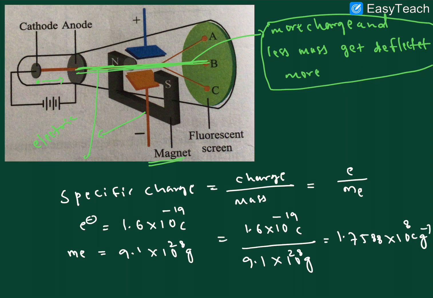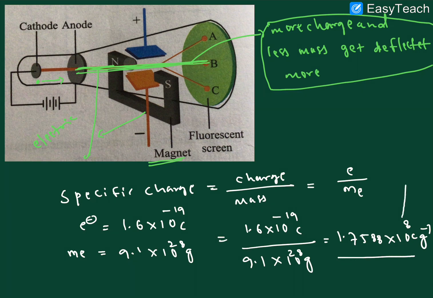What are the units? Coulomb, and this gram comes upside down, so gram inverse. So this is the specific charge, or charge to mass ratio, of electron: 1.7588 into 10 to the power of 8 coulomb per gram.